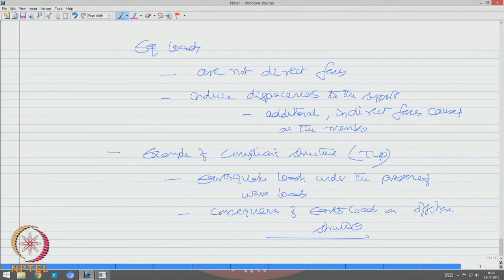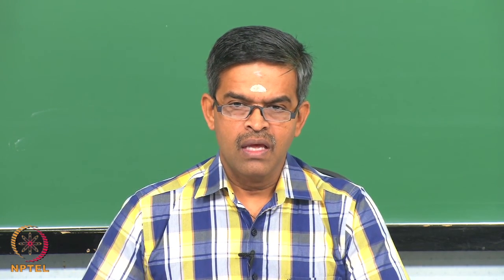So, we are entering into an interesting domain of understanding the behavior of compliant structures, because fixed structures do not show much of a displacement effect on the system, whereas compliant structures alleviate the encountered loads based upon the relative displacement between the cylinder or the structural member and the wave velocity.